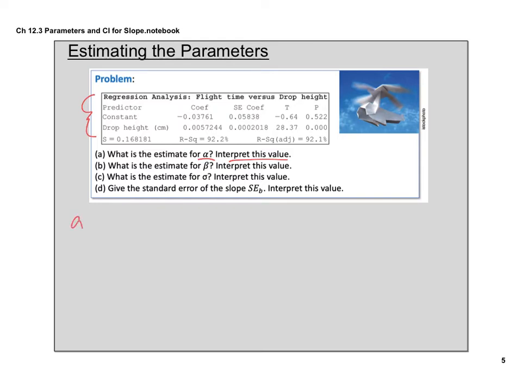For alpha, remember that alpha is the y-intercept of the regression line. So we want to look at the constant, under this coefficient column right here. The constant is negative 0.03761, and in this case, we're talking about seconds. So I would say that a is equal to negative 0.03761 seconds.